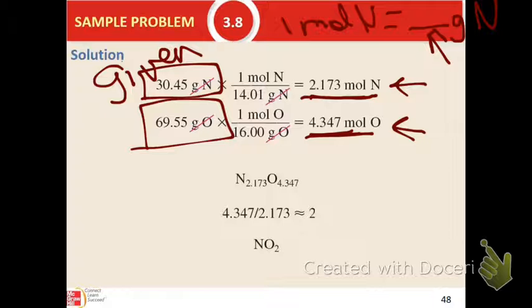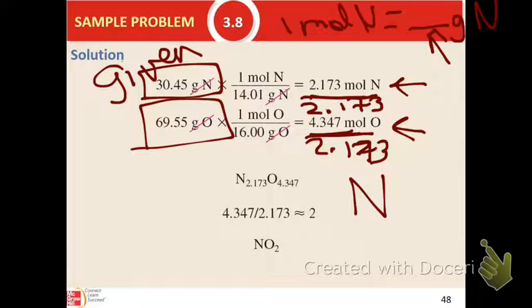And you're going to divide both of these numbers by 2.173, as you would in any math, find the smallest of the two numbers. We're looking for the smallest mole ratio, and to do that you find the smallest and divide both of those by it. So 2.173 divided by 2.173 is 1.